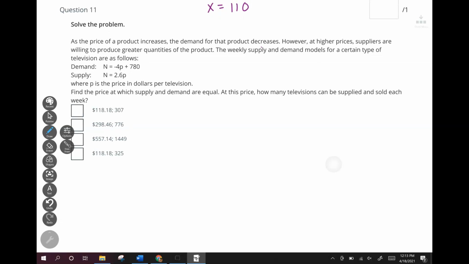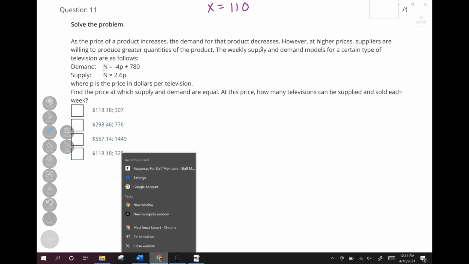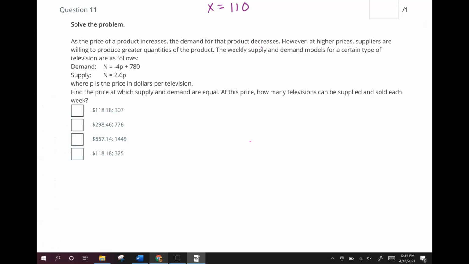As the price of a product increases, the demand for that product decreases, right? Price increases, we don't really want to buy it anymore. However, at higher prices, suppliers are willing to produce greater quantities of the product. The weekly supply and demand models for a certain type of television are as follows. Demand, the number they're willing to buy, equals -4 times the price plus 780.